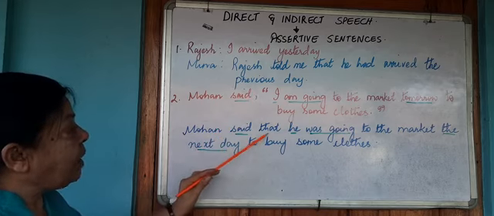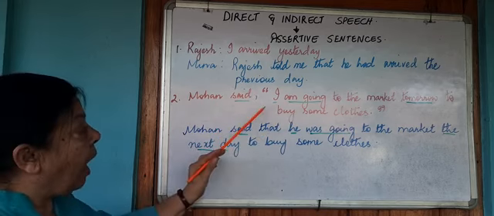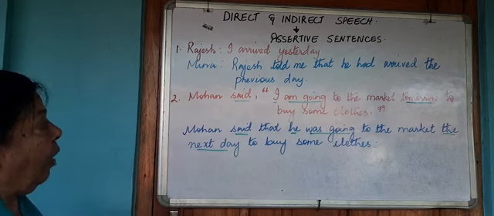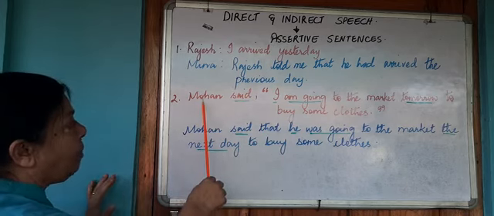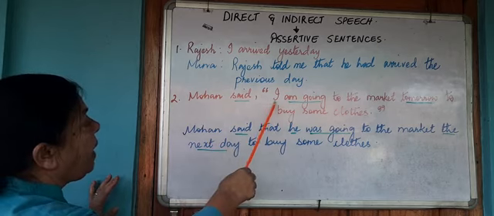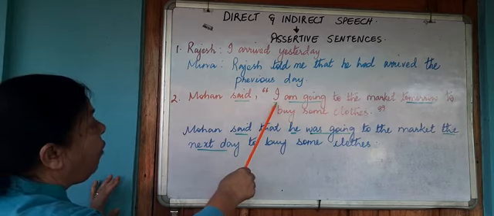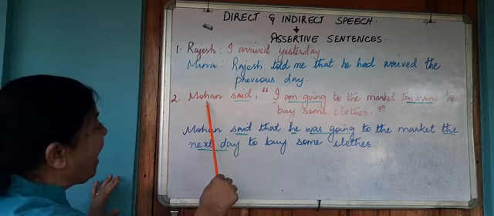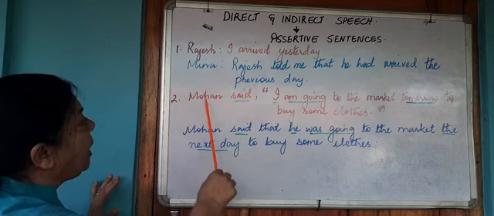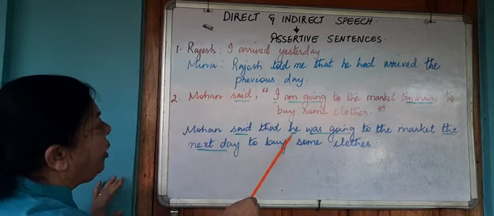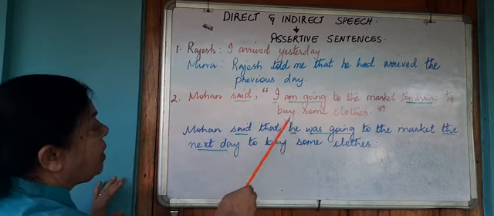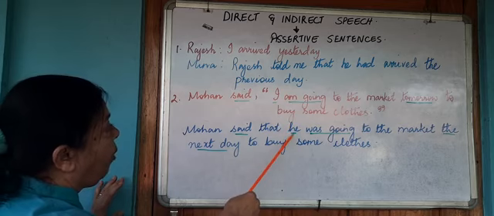Now, the next is that the pronouns will change. In this case, Mohan said, Mohan is the speaker and the speaker is I. So, I over here refers to the speaker. The speaker is third person singular. Therefore, I will change to he, which is the third person singular pronoun.